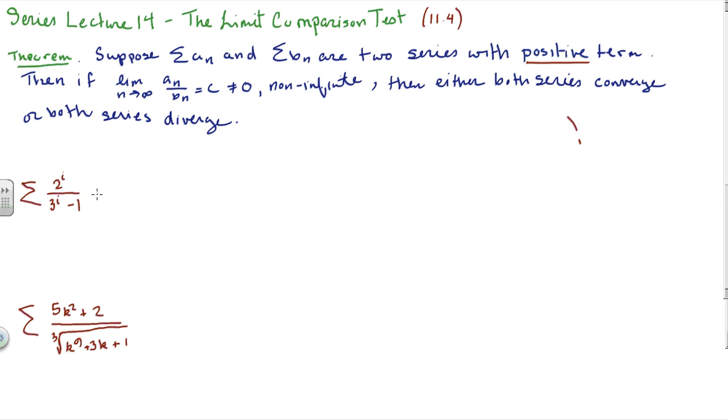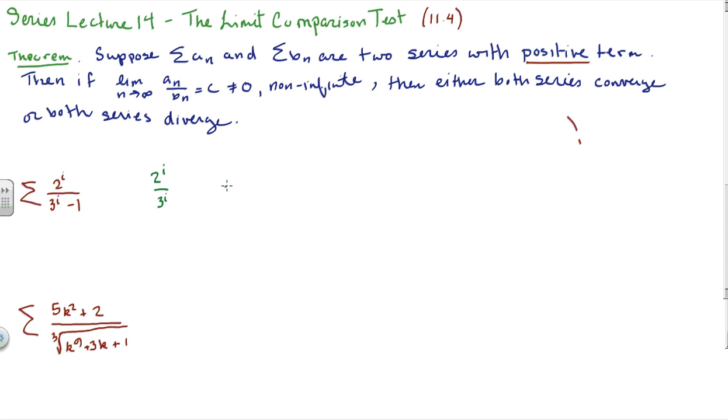So this first example, if you recall, this is one I tried to use the comparison test on before and failed, because we wanted to compare it to the series 2 to the i over 3 to the i, which is a series which converges, but this is bigger than that, not smaller than that. So the straightforward comparison test won't work.